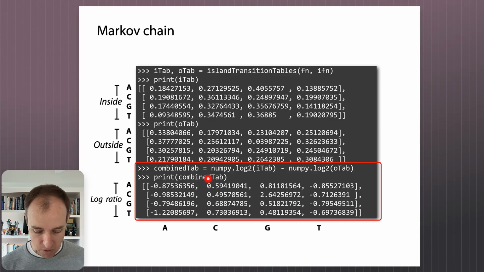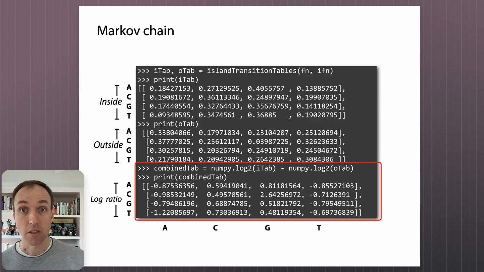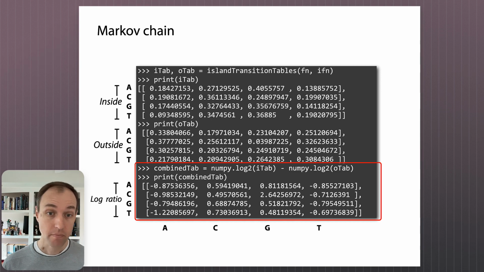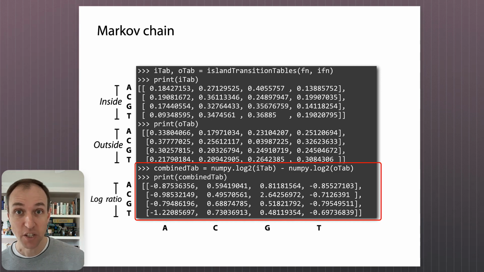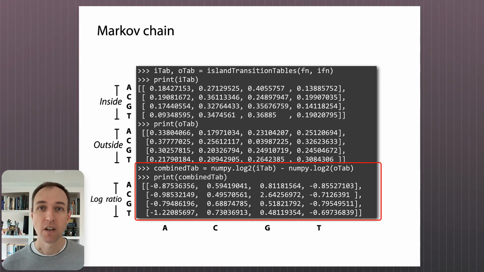Now, all in one line, I'm going to take the log ratios: the element-wise logarithm of the first table minus the element-wise logarithm of the second table. I get a combined table now. Notice it has some positive numbers, some negative numbers. Makes perfect sense. These are now log ratios, differences of log probabilities, so some of them are going to end up positive, some negative.